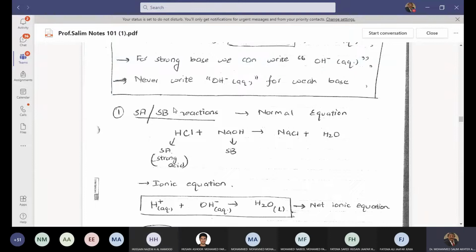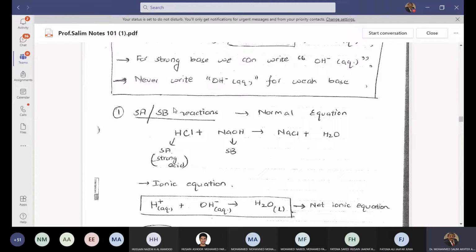And now in this course, we will not study number 4. What is number 4 you mentioned, Abdullah? Weak acid, weak base. So we will talk only about 3. What are those 3? Strong acid, strong base.